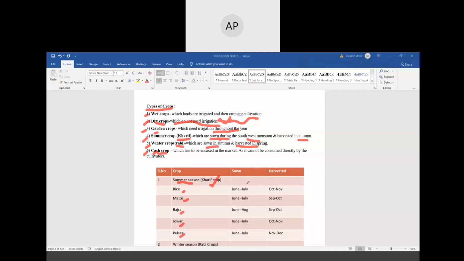Okay, and all of these kharif crops are sown in June and July, when there is heavy rainfall, when there is water all around, and harvested in October, November. Rice, maize September, October, bajra September, October, jowar October, November, and pulses November to December.